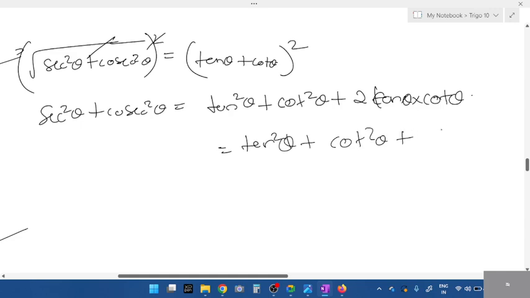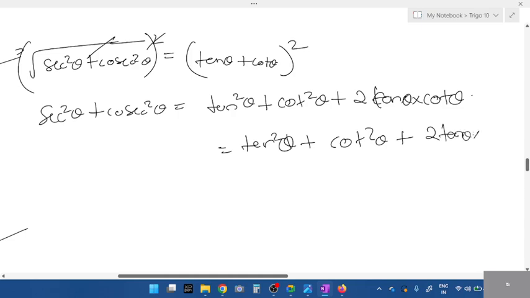What is tan theta and cot theta? If I reciprocate, what do I get? All of you will respond. If I reciprocate, no, tan theta, how do I write cot theta? 1 by, what are we getting? Like this.